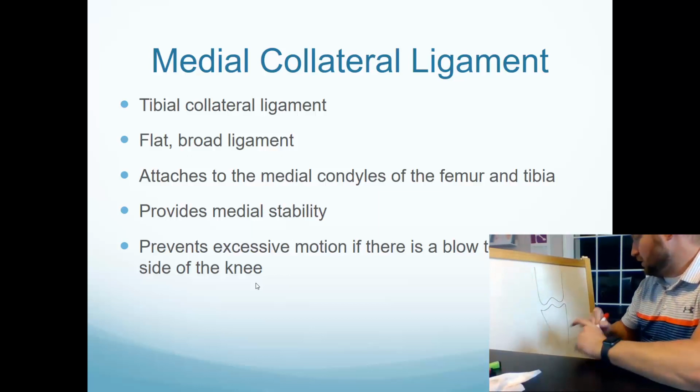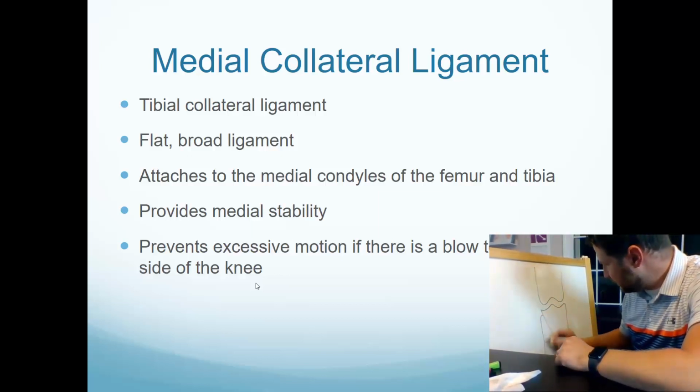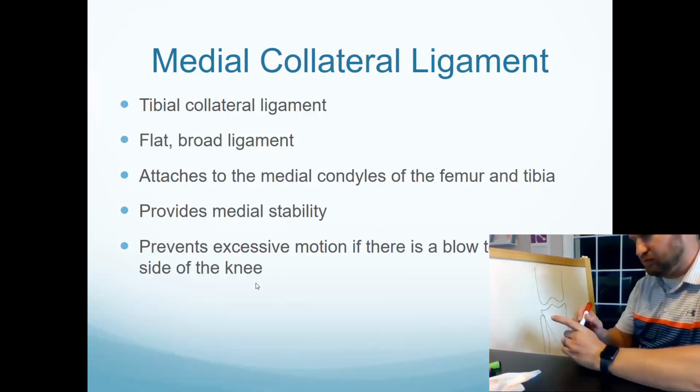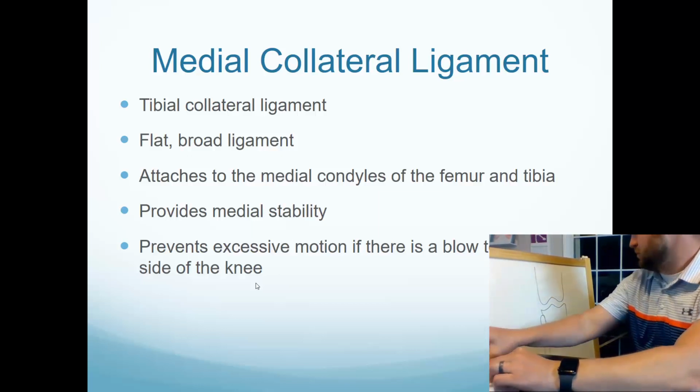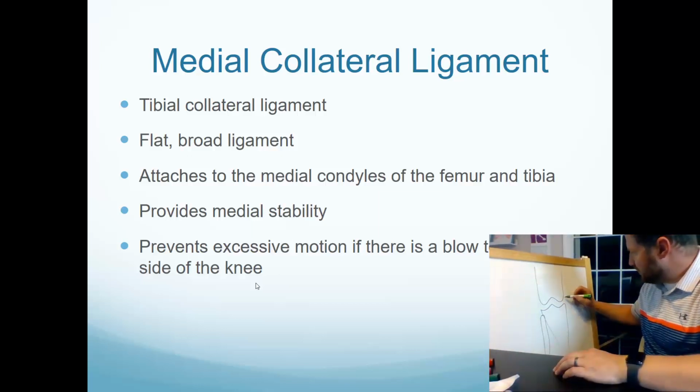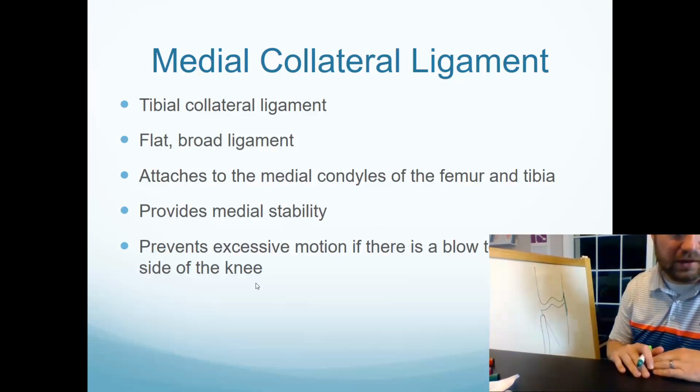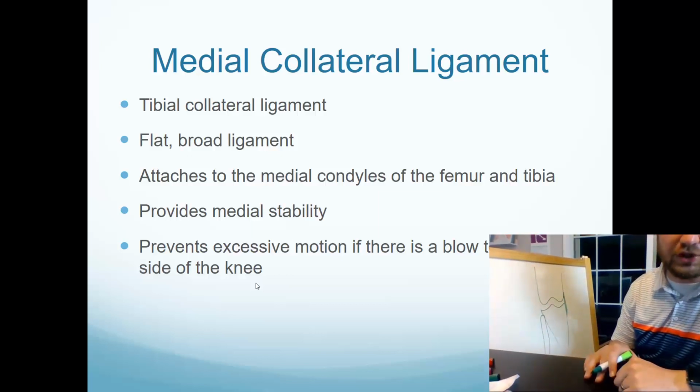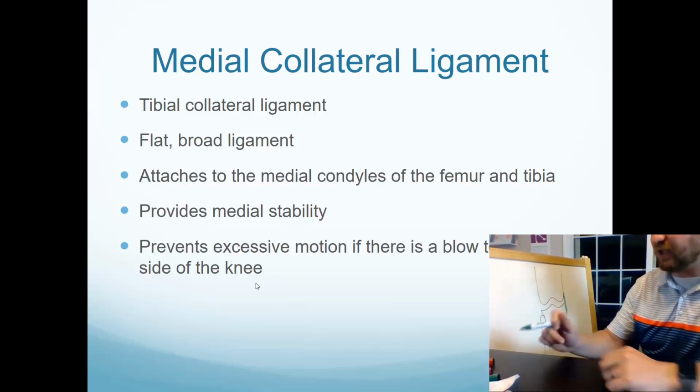Draw our fibula to identify if it's lateral or medial. Okay. So, as our picture before described, this thing is, okay, broad, flat, provides medial stability, okay? That prevents excessive motion if there's a blow to the lateral side of the knee.